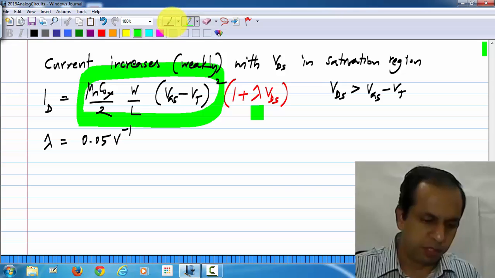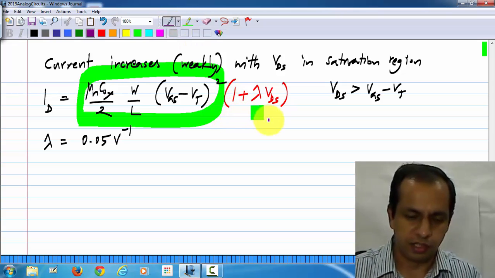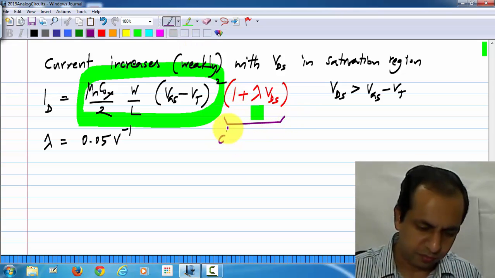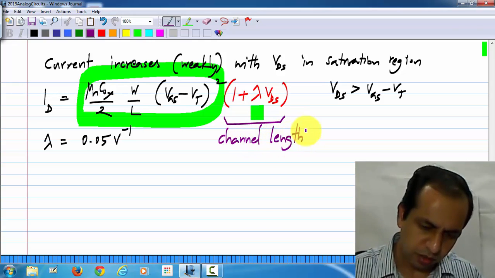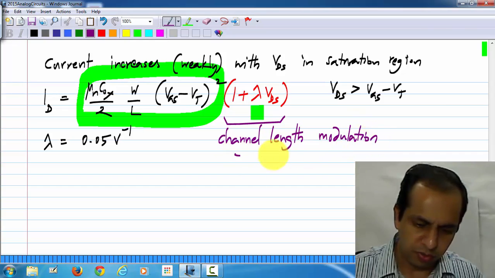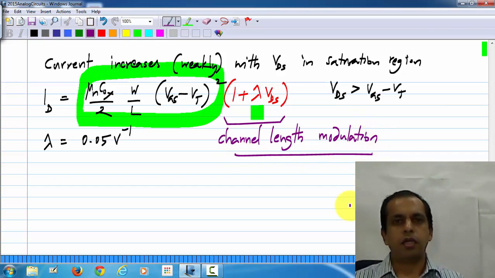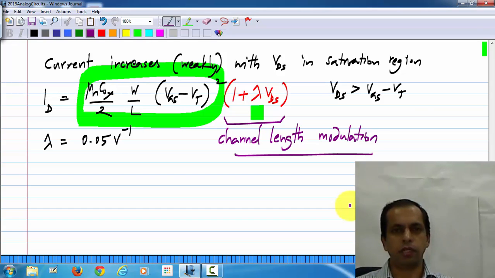So, the phenomenon by which this additional factor appears is known as channel length modulation. Now, if you do not look at the device physics, this term will not make any sense at all, but that is okay.